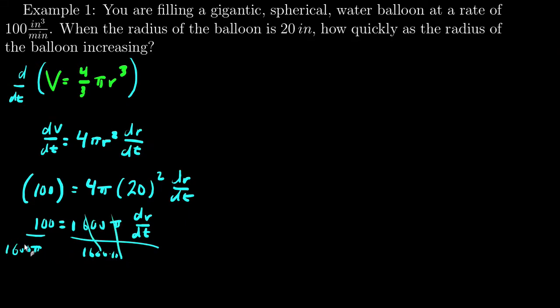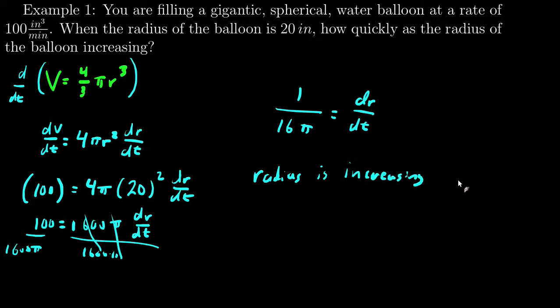Those cancel. The 100 divided by 1,600 gives me 1/16 pi. And that's going to be the rate of change of the radius with respect to time. And I guess I could say the radius is increasing at a rate of 1 over 16 pi. Units on that are going to be inches per minute.